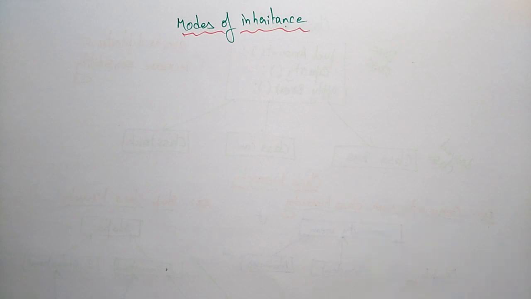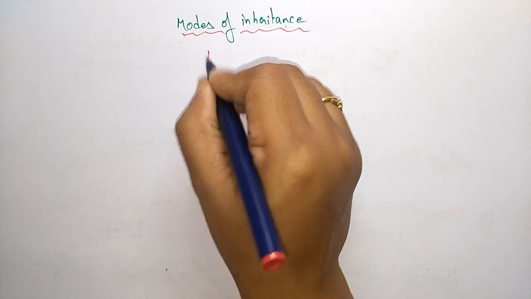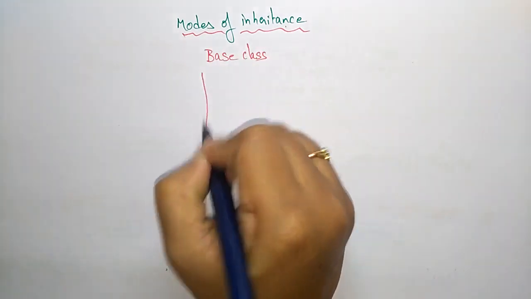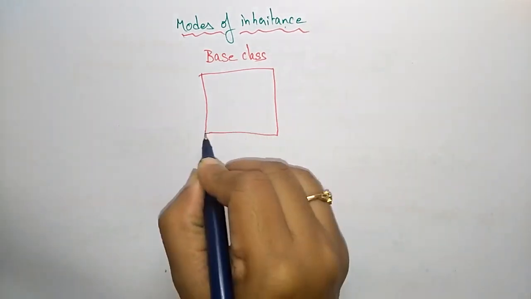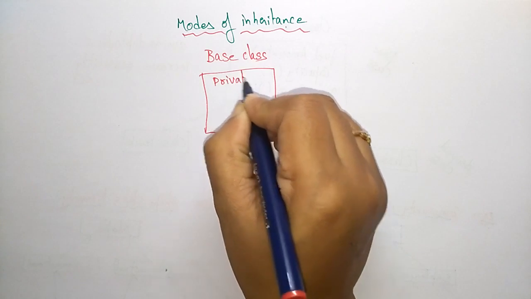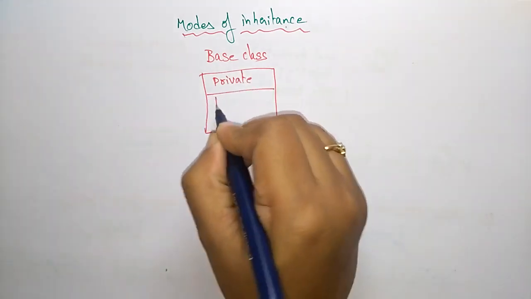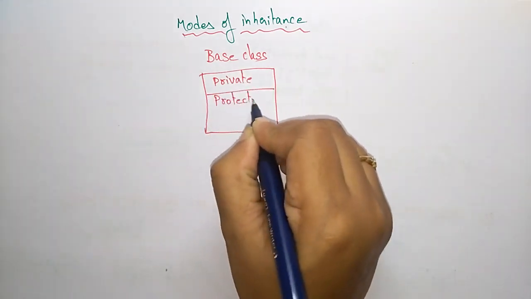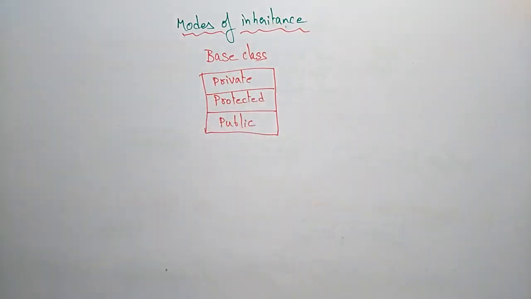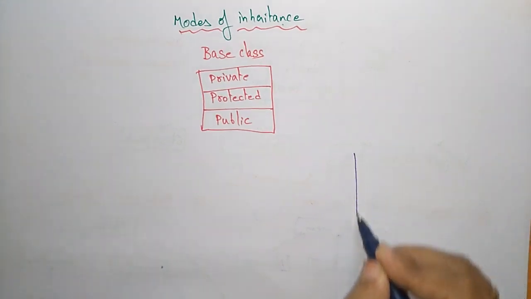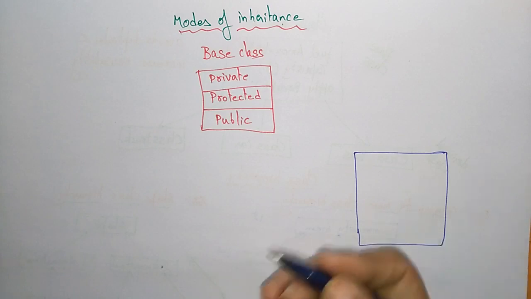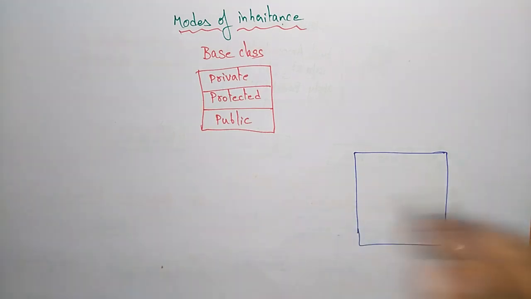Okay, so let us see. Suppose this is a base class. In this base class, I declared the data variables as private, protected or public. Let us take three derived classes: the private derived class, the public derived class and the protected mode.